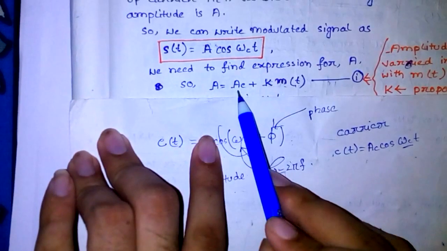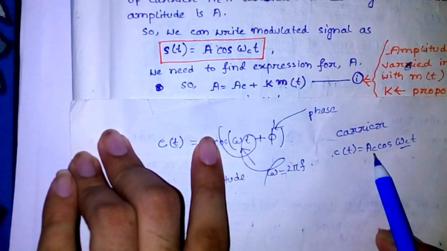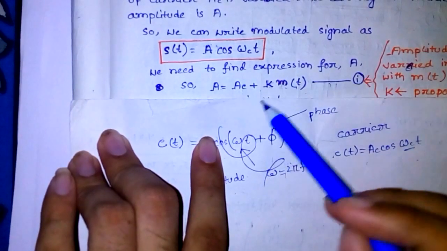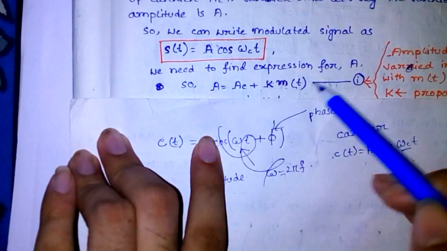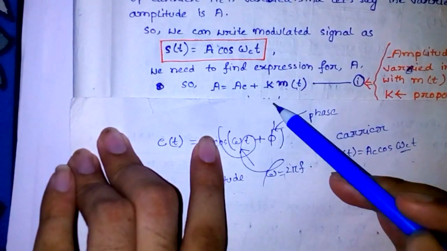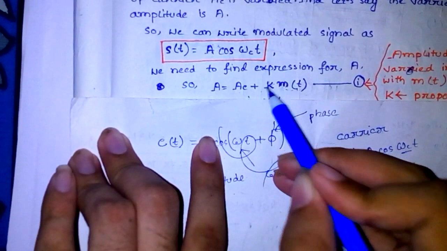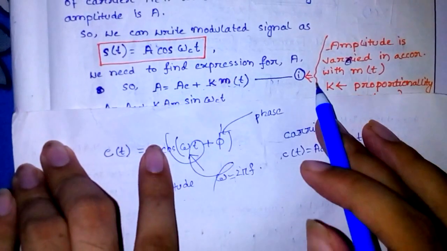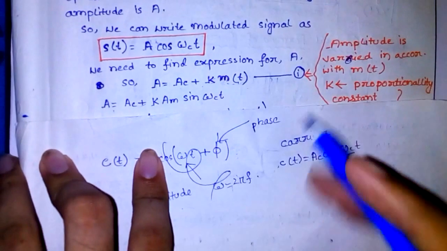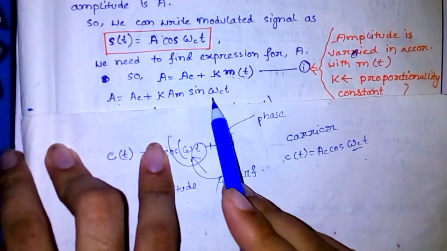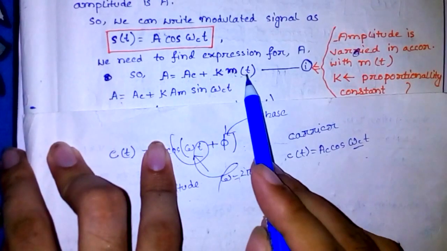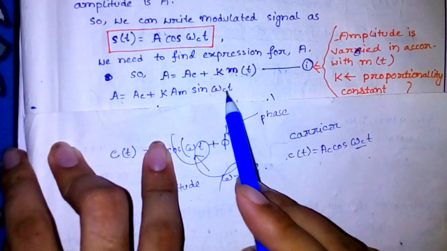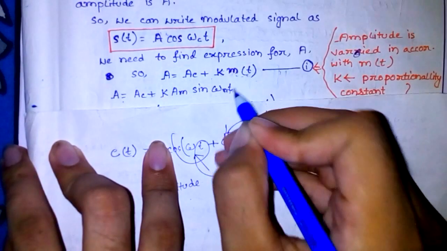So A should be Ac, the amplitude of the carrier wave, and something should be added to vary the amplitude of the carrier wave. As I have told you, the amplitude must be varied in accordance with the message signal. So I'm writing m(t) and here putting a constant K, the proportionality constant. Now I'm putting in the value of m(t). We have chosen m(t) as Am sin omega m t, so that's why we are writing this value here.